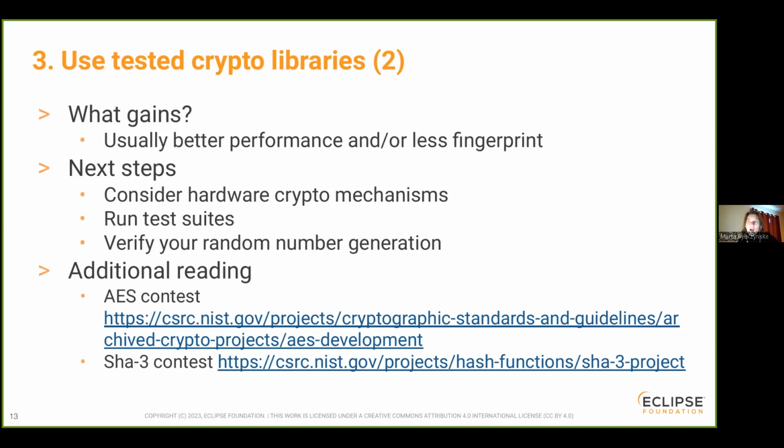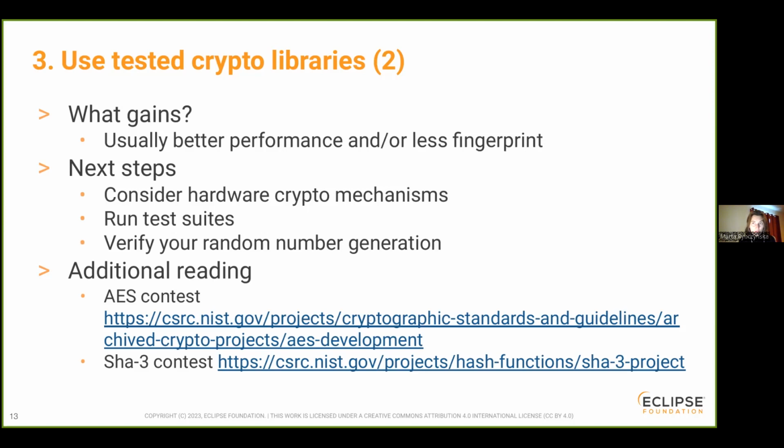And if you are more interested in learning why doing good crypto is complicated, I'm providing you links, historical links, to contests that were run to select the AES algorithm and the SHA-3 algorithm. You can find all of the candidates that were evaluated.